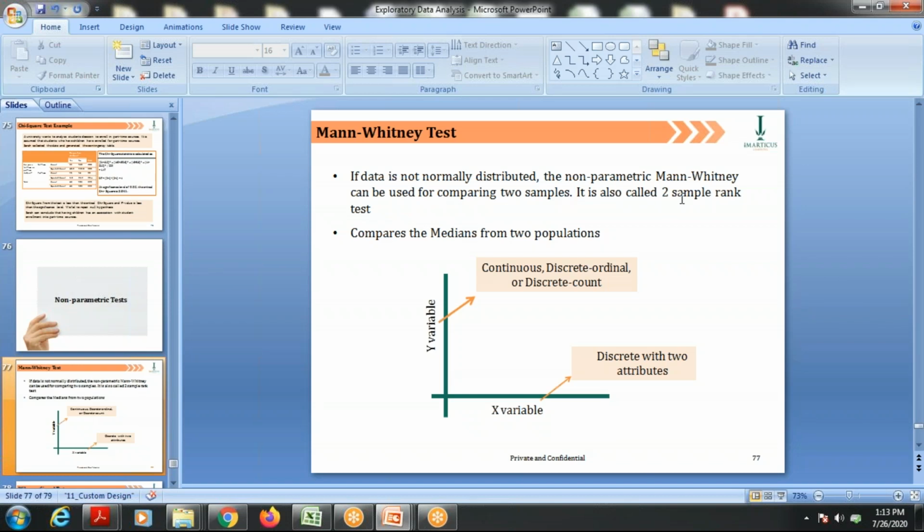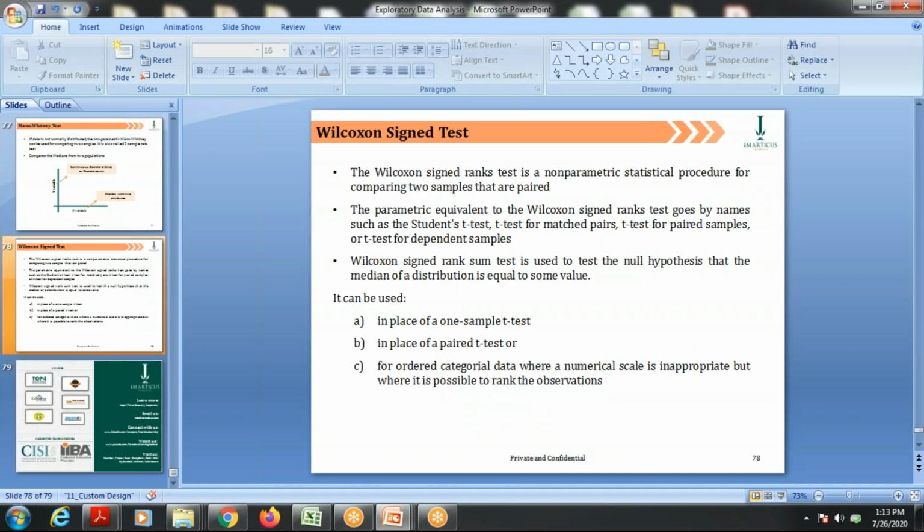It is also called the two-sample rank test. We'll talk about this in the advanced techniques, and we'll discuss some non-parametric tests in future with more detail. At this moment, that is not technically required.